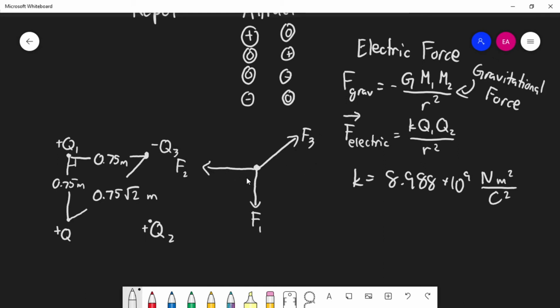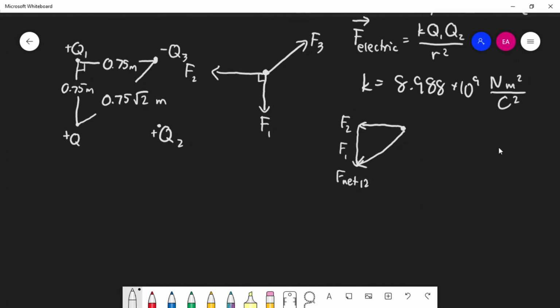So here, we could notice that this is a right angle. So what we could do is translate F1 to be here. It would still have the same value. This will be F net 1, 2, meaning the total force between forces 1 and 2.